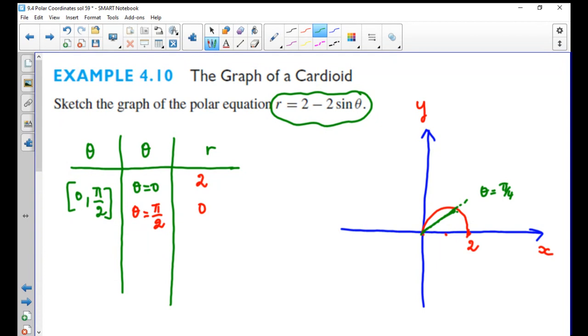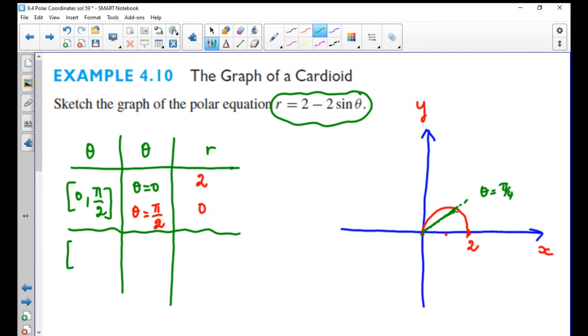Yeah, it's 2 minus square root of 2. So that will be 0. Etc. So as theta increases like that, pi over 6, pi over 4, pi over 3, the values of r will decrease until they reach 0. So we get this shape here.